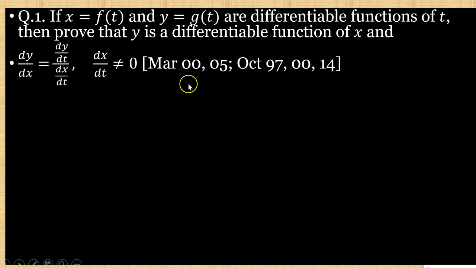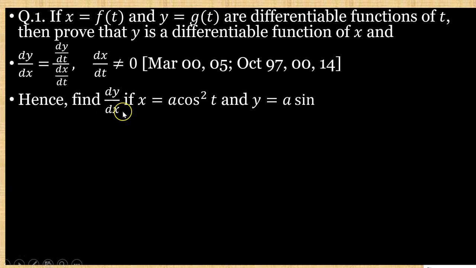This question was asked in March 2005, October 97, October 2000 and October 14. And hence find dy by dx if x is equal to a cos square t and y is equal to a sin square t. This total is for the March 4.